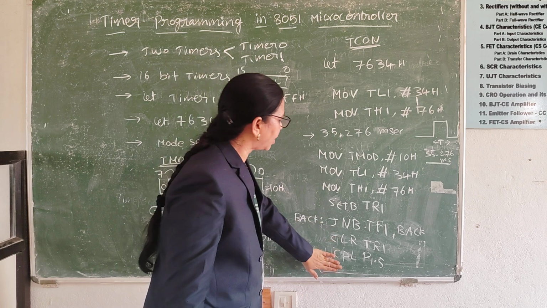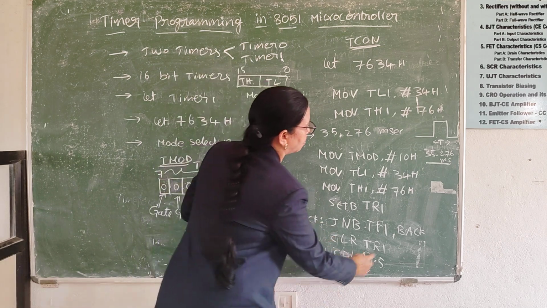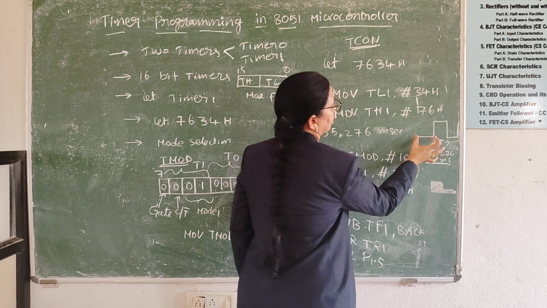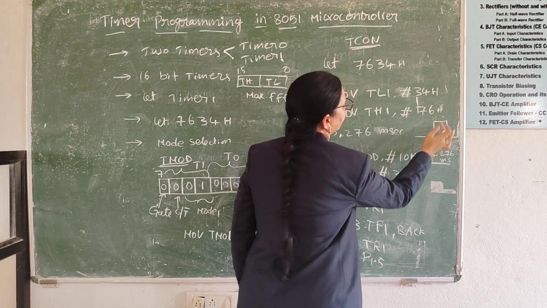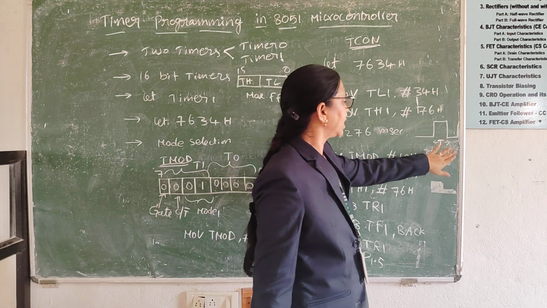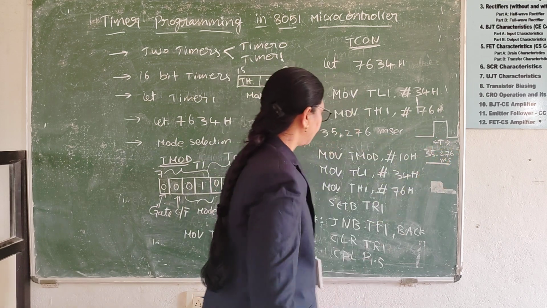This will be 0 and this will be 1. If you complement, we can generate a clock signal with the required time delay.